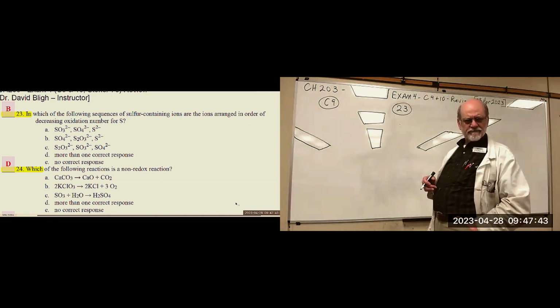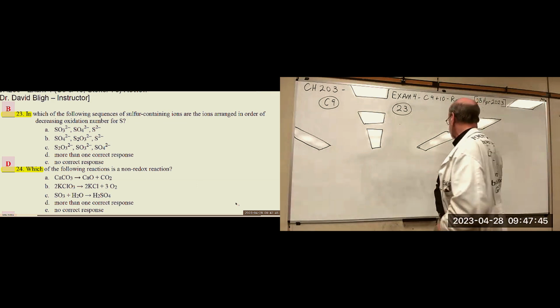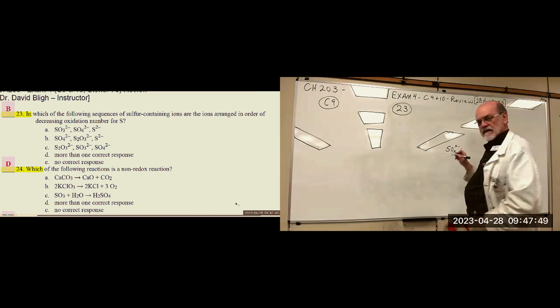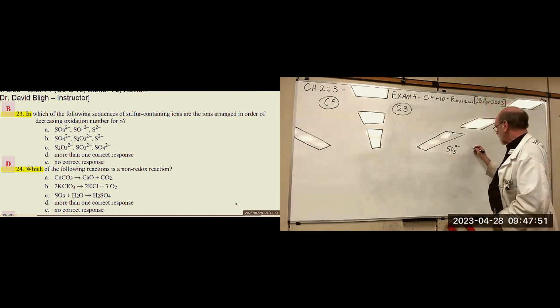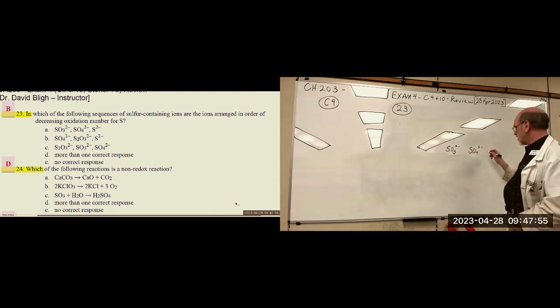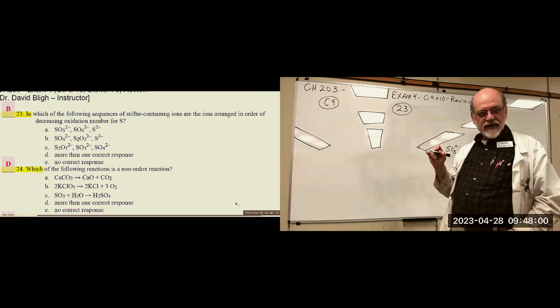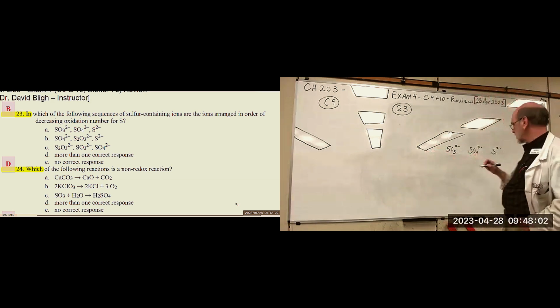We've got sulfite ion. Let's just put them out here. We have a sulfate ion. We have a sulfide. What else do we have? We have S2O3, 2 minus.